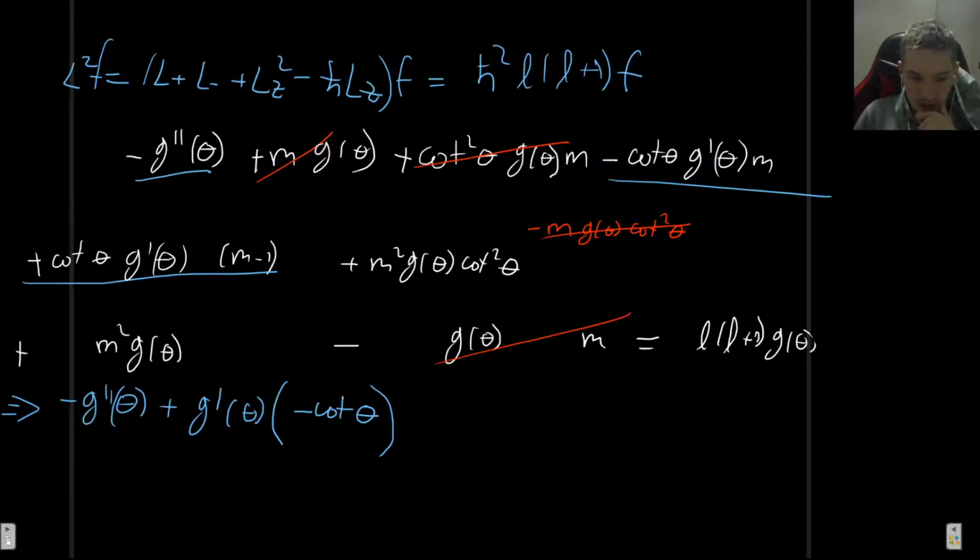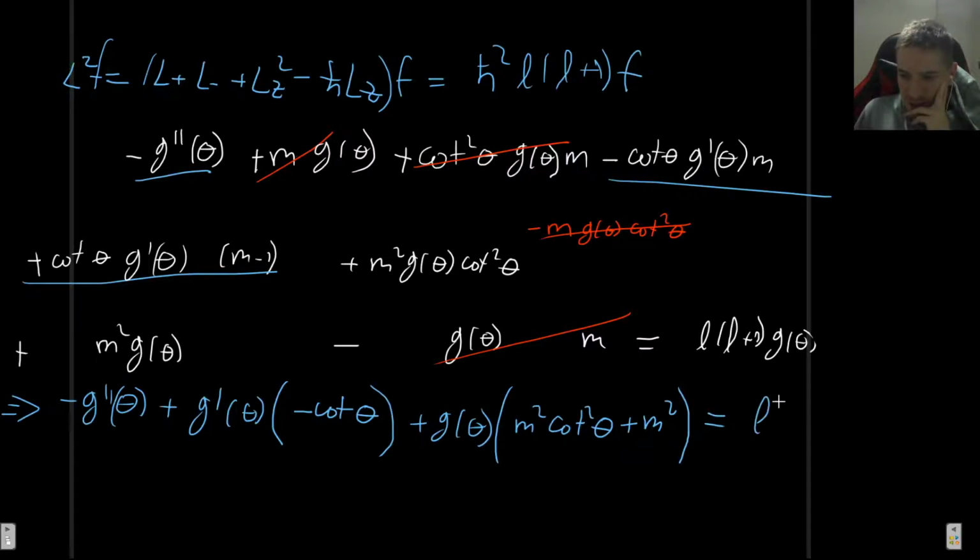So let's now put everything with the g together. So, oops, wrong color. So plus g of theta factor of, we are going to have here m squared cotangent squared of theta, and here we have m squared, well, times g of theta, but that's already factored out.